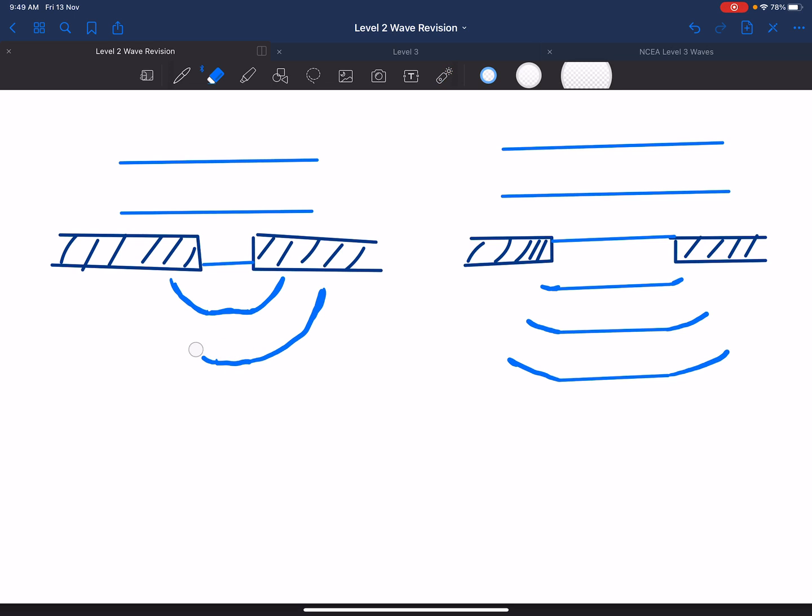So the curve needs to be a perfect curve. Use a compass if you want to be really perfect, or just try to be as best as you can. All right.